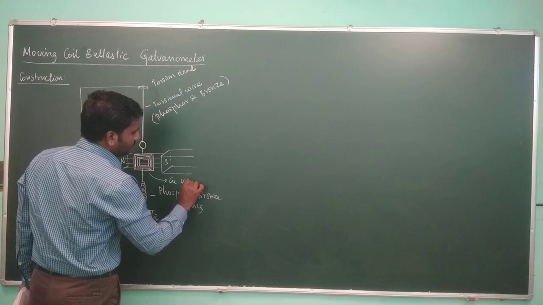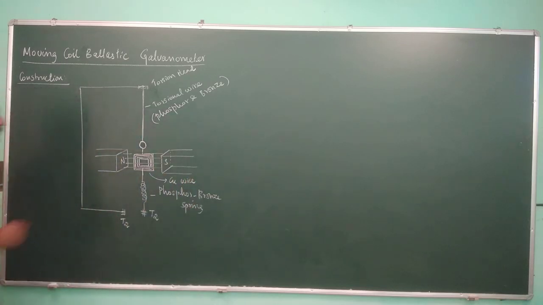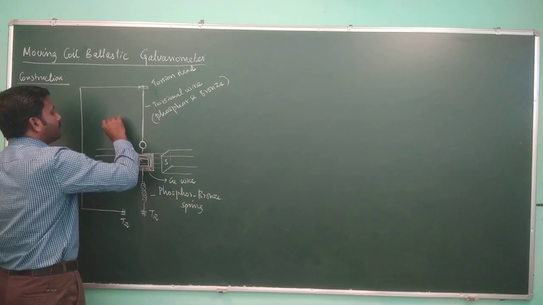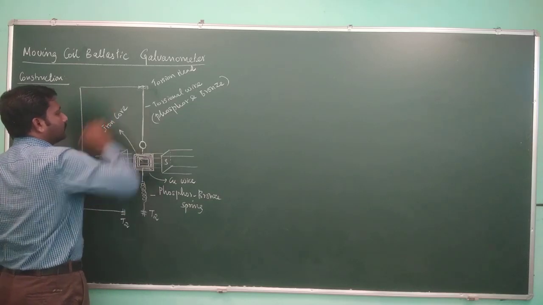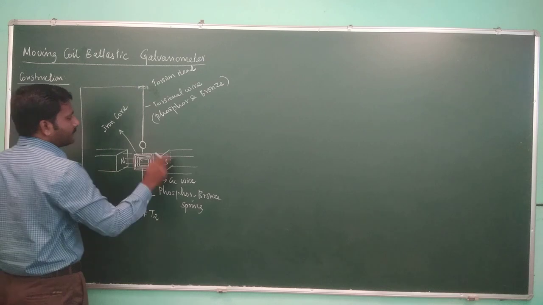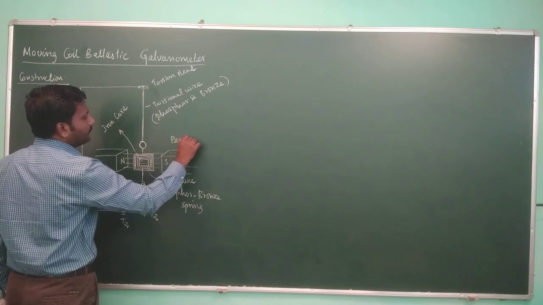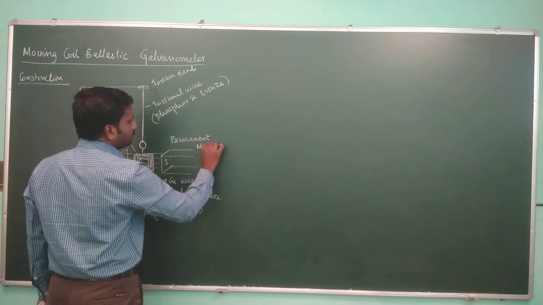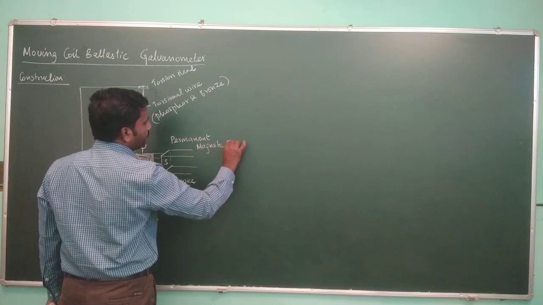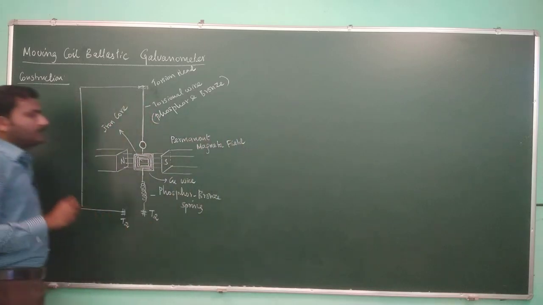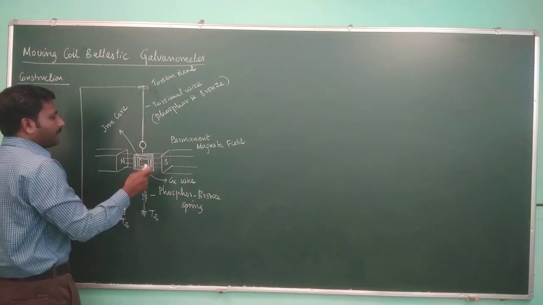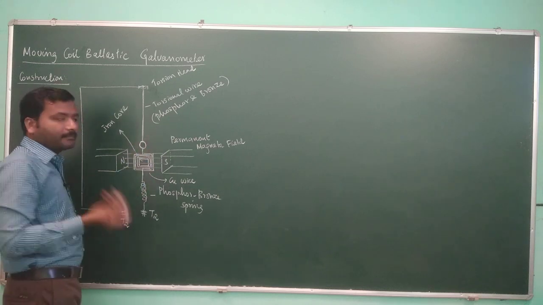It's a copper wire, and in the center an iron core is there. These two are N and S, the permanent magnet, which creates a permanent magnetic field.